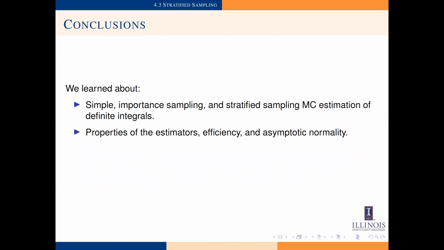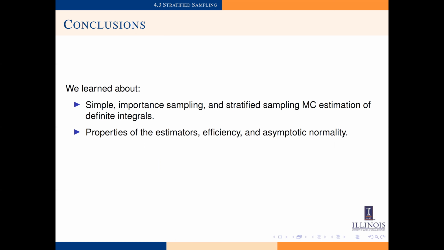And that concludes our chapter on Monte Carlo integration. Throughout the chapter, we learned about various methods for Monte Carlo estimation of definite integrals. We learned about simple Monte Carlo techniques, importance sampling, and stratified sampling Monte Carlo estimators for definite integrals.